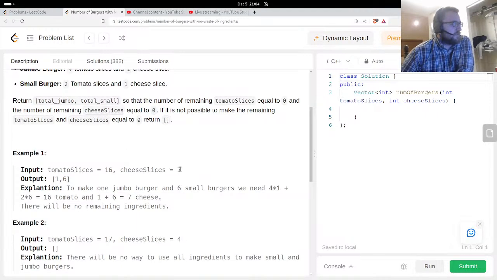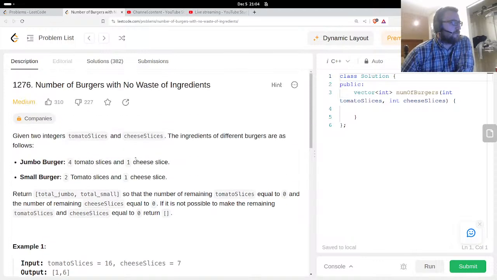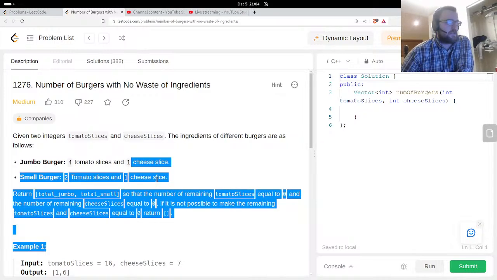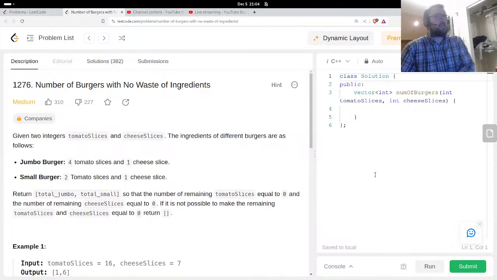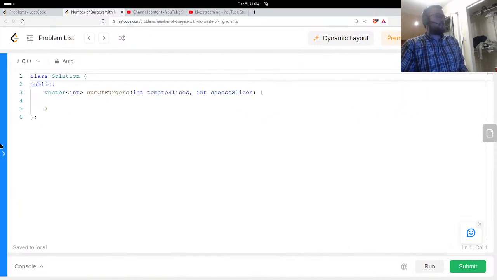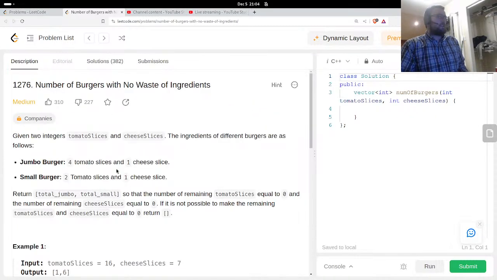So here in this case, oh, there's one more issue though. The number has to be even. It has to be greater than twice the cheese slices. The number of tomato slices has to be greater than or equal to twice the cheese slices, and less than or equal to 4 times the cheese slices. Those are the conditions, right?